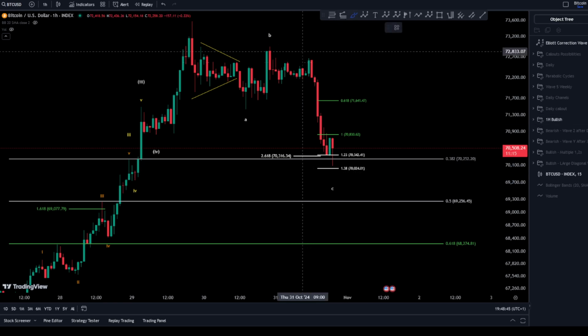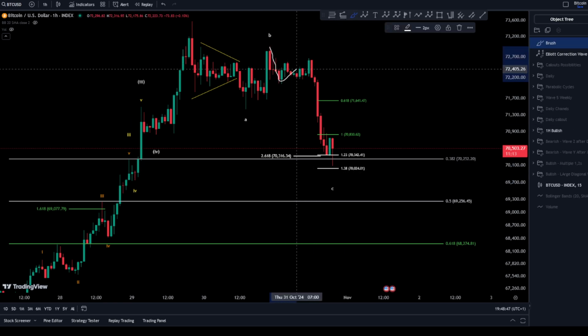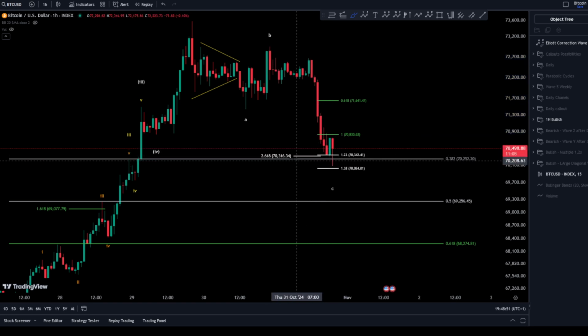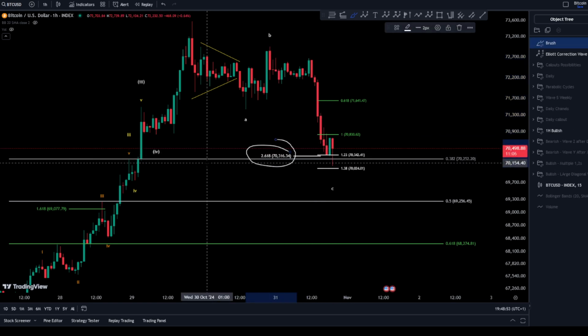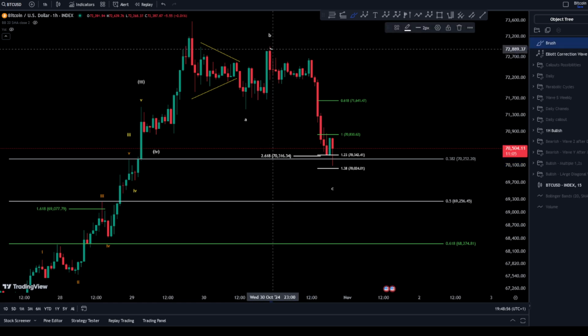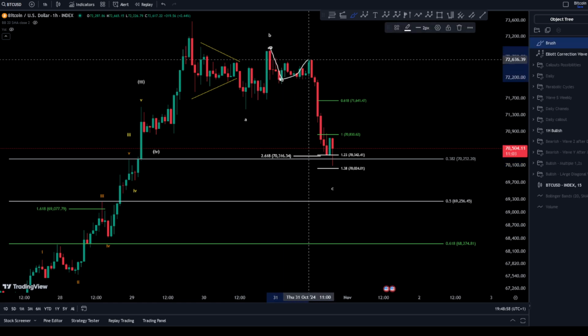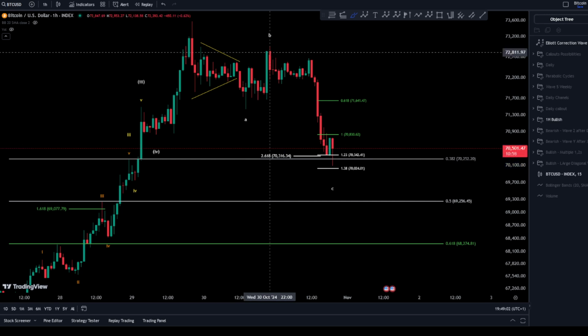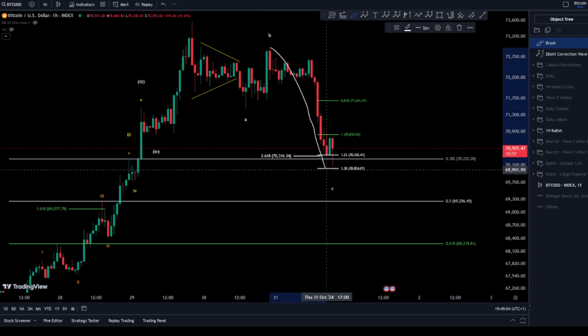Now, if we take the fib level taken from this trend 1, 2, 3, and then 4, 5, we already passed the 2.618 taken from the start here till the 1, and of course to the base point. We already passed. It's a very, very massive drop towards the downside actually.